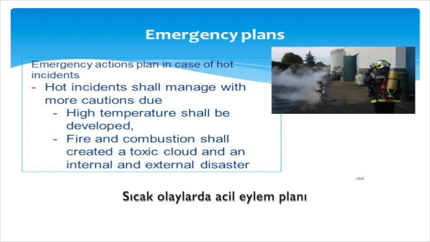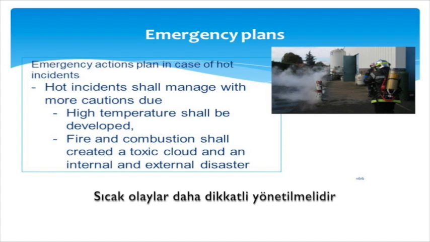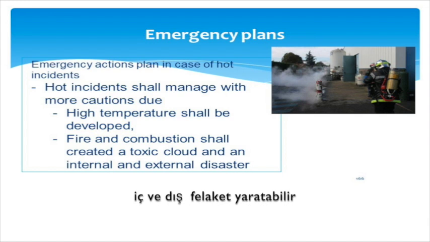Emergency action plan in case of hot incident. An accident should be managed with more caution due to the high temperature that can develop. Fire and combustion can create a toxic cloud and an internal and external disaster.